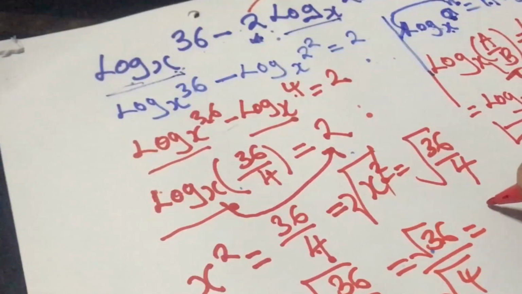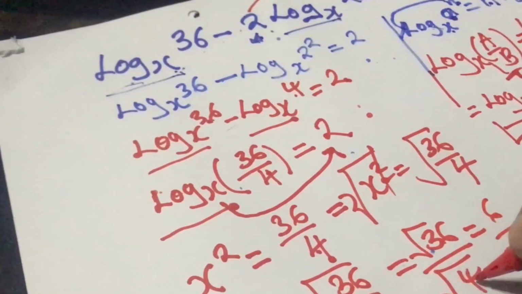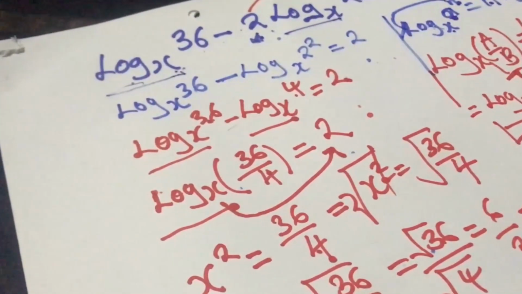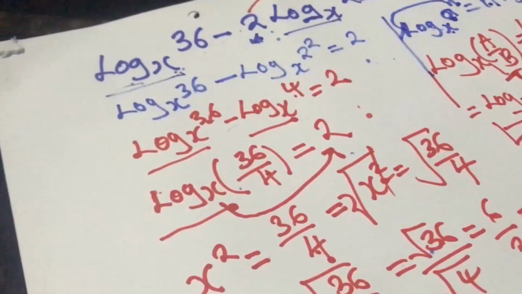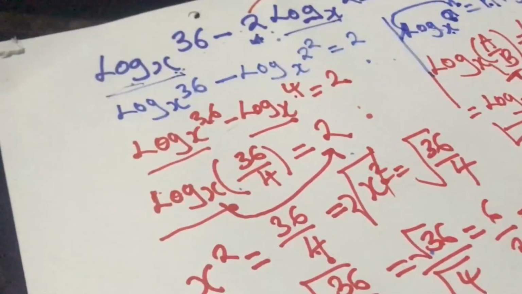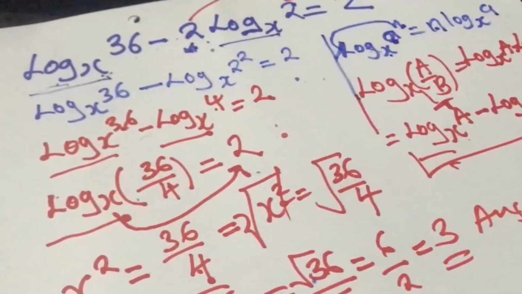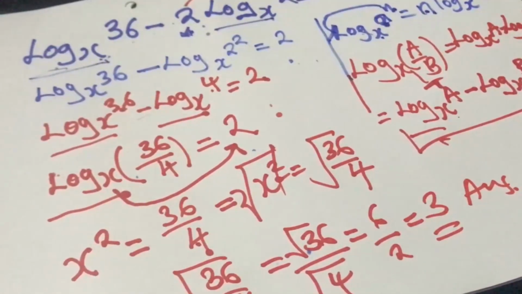The square root of 36 is 6. The square root of 4 is 2. So 6 divided by 2 is 3. So that will be the answer for this particular logarithmic equation. So try it out and let me know what you think about this question.